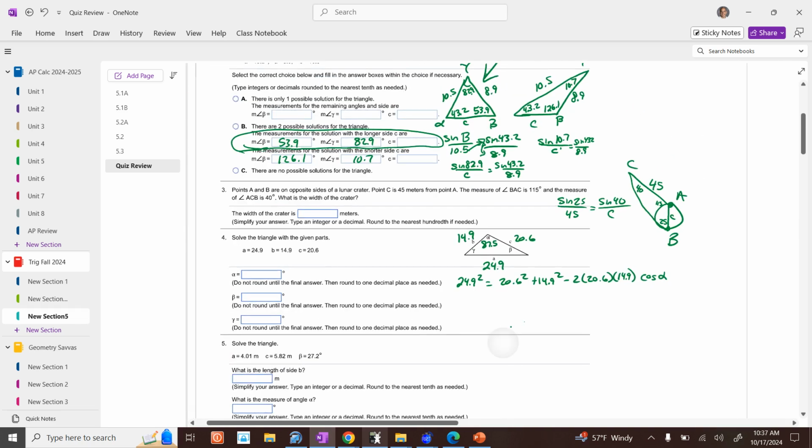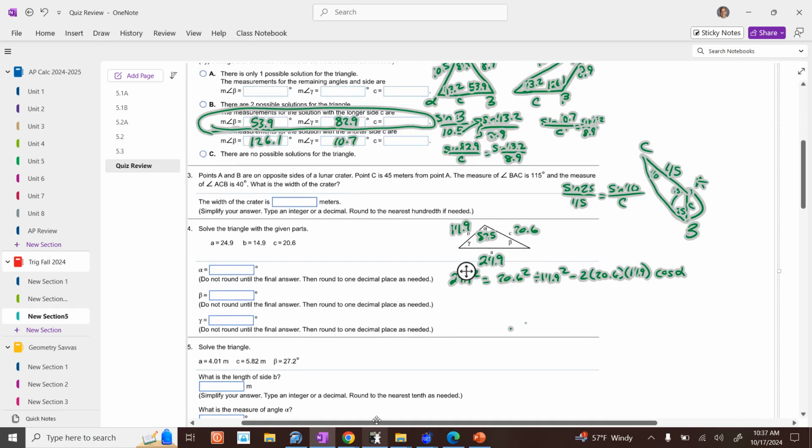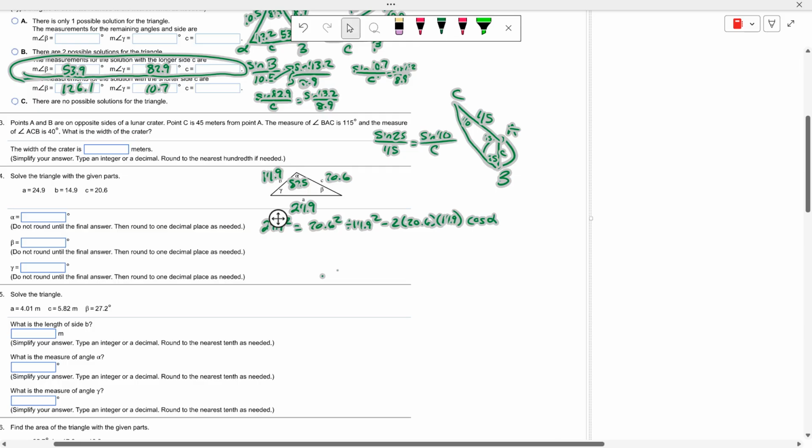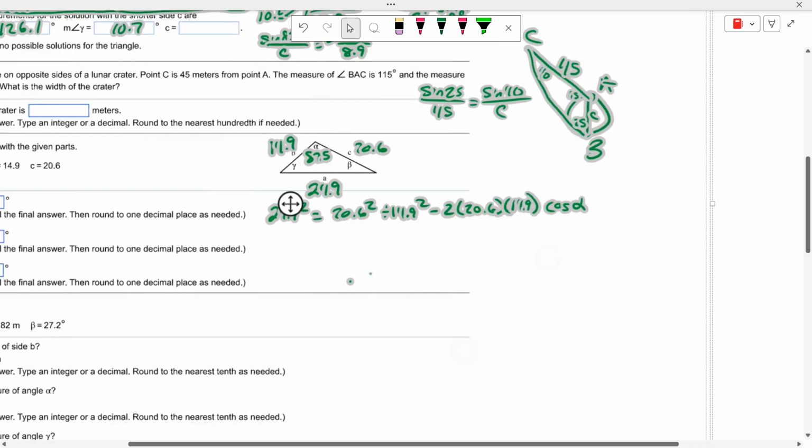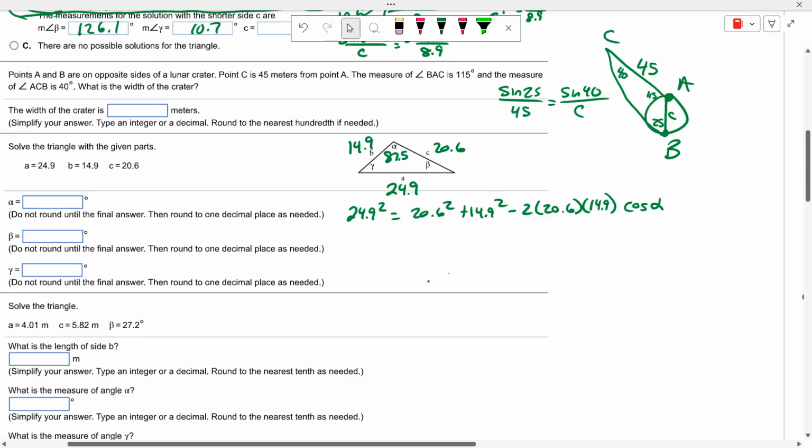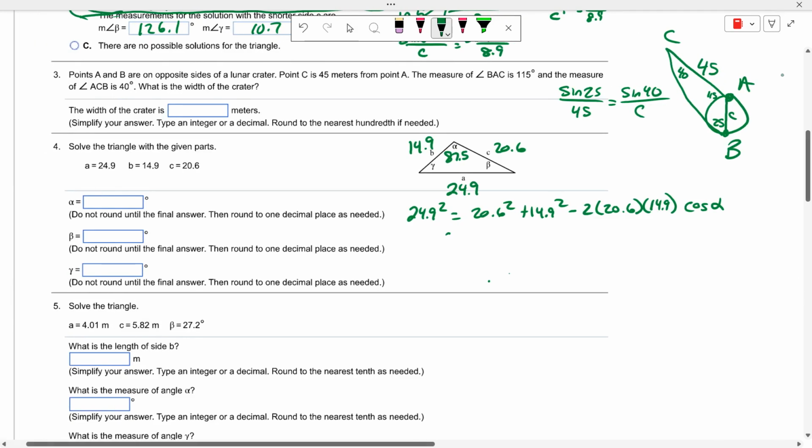Then you can do the law of sines to figure out beta. So it's the sine of 87.5 over 24.9 equals the sine of beta over 14.9.